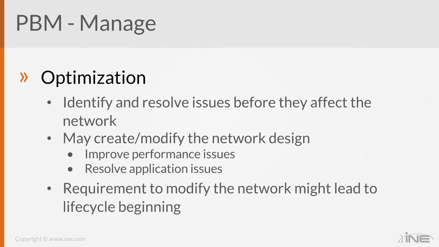You may, at this point, also create or modify the network design. So your design is done, it's delivered. You might be called back or you might be on site to modify further the design, especially to improve the performance issues or resolve application issues. So, like I said, the DRS is too aggressive.